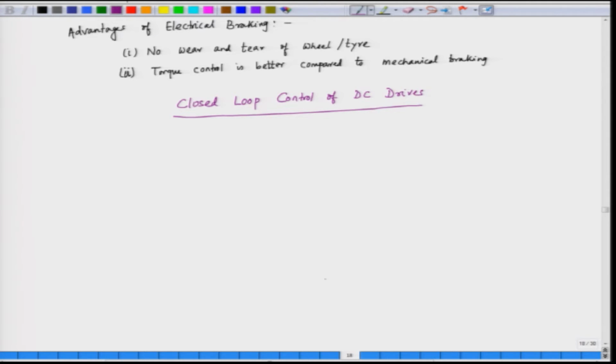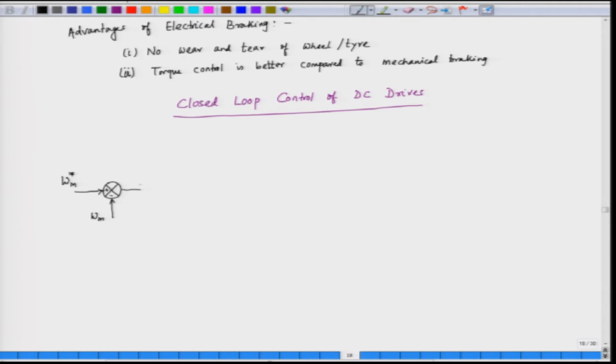Now, usually let us see the block diagram. What we have here is a reference speed, that is omega m star, and we have a summer, and we feed back the actual speed here.